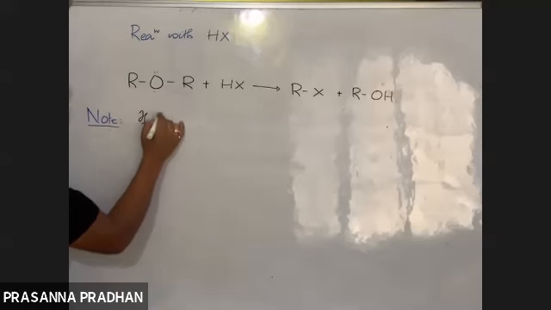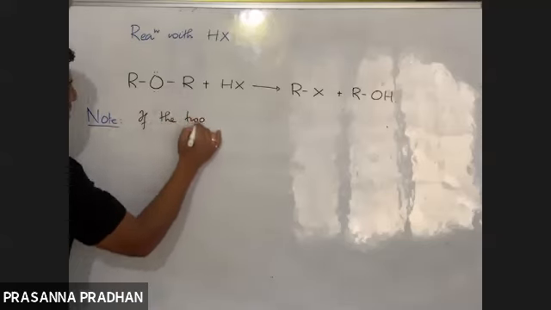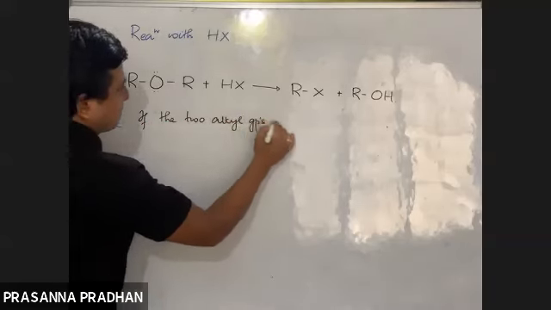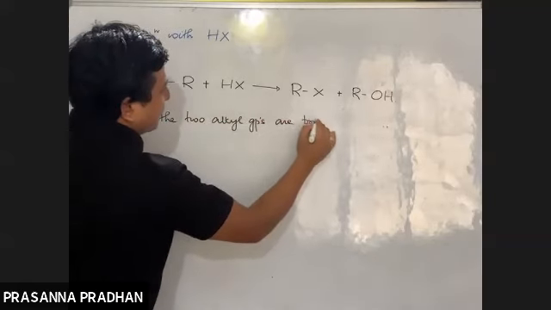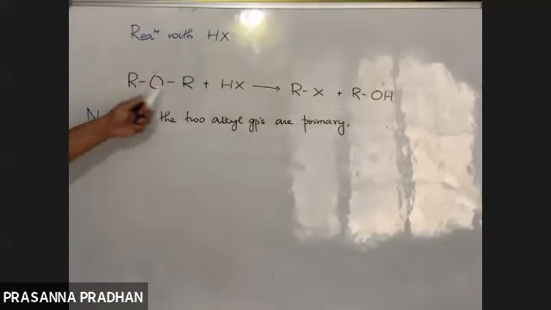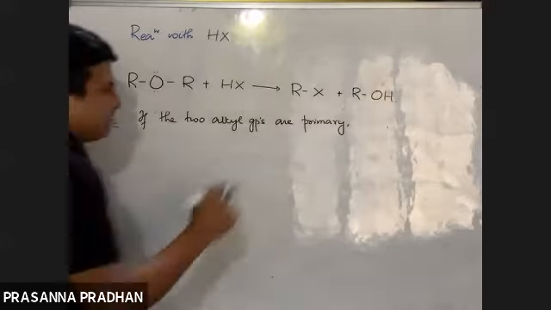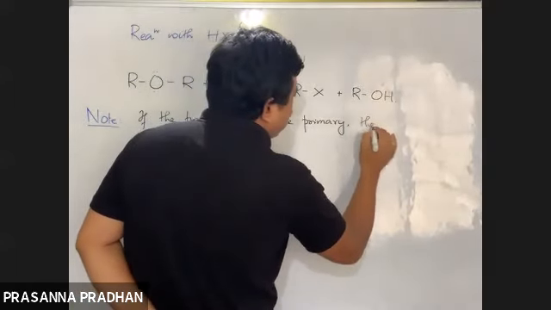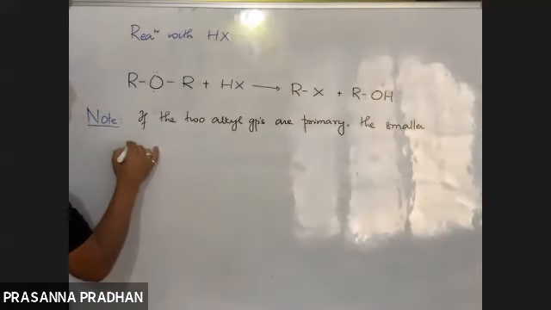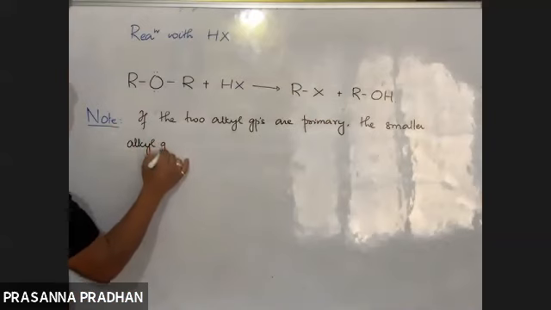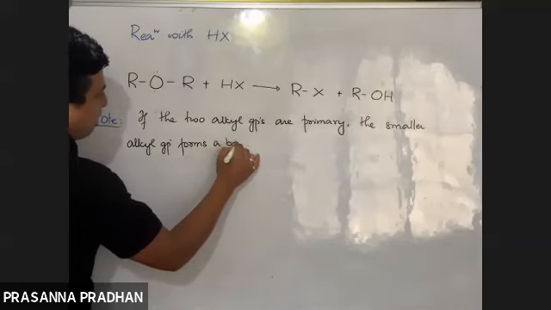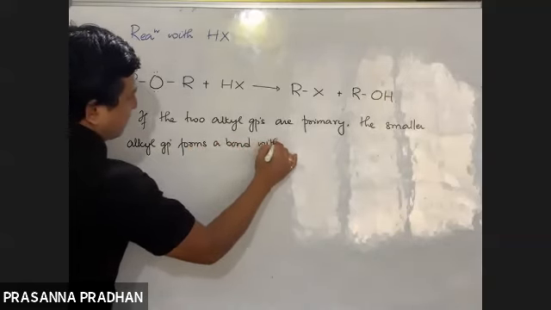Now, if the two alkyl groups are primary, when both the alkyl groups are 1 degree, then what happens? In this case, remember, the smaller alkyl group forms a bond with halide.